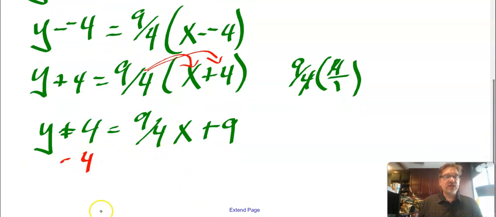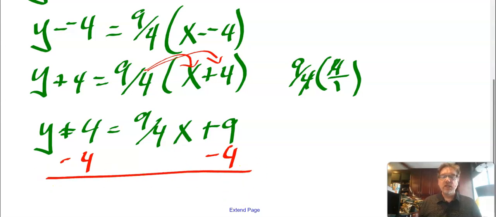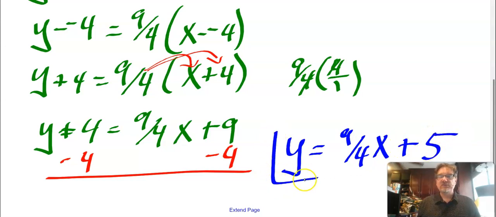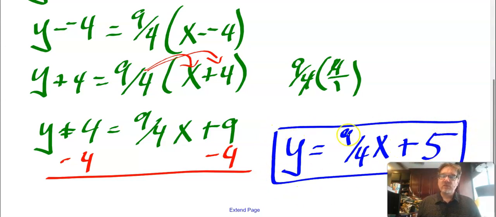So I'm going to get rid of a plus 4 by minusing 4, then jump over here to the constant, subtract 4. And the equation I want is y equals 9/4 x plus 5. And remember, when you type that into student view, you got to hit the blue button so you can get that fraction, the 9/4.